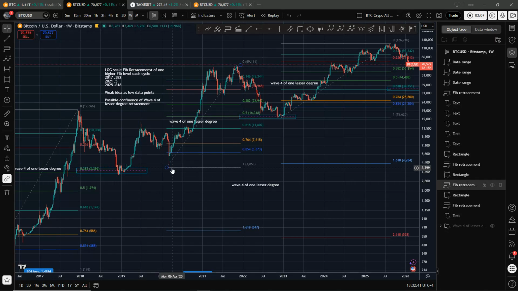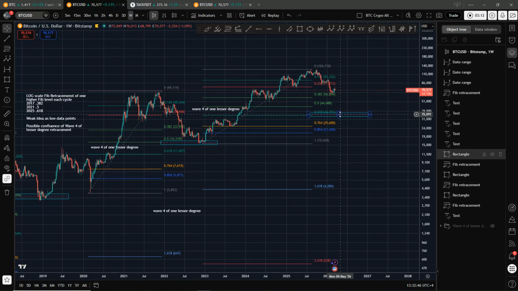So if the bear low here was 3,400 approximately, the next low is 34,000. I think Tony Severino also said he's not going to be buying unless we reach this price target, which is why I put this idea here. So in that sense, you could say there's some confluence.